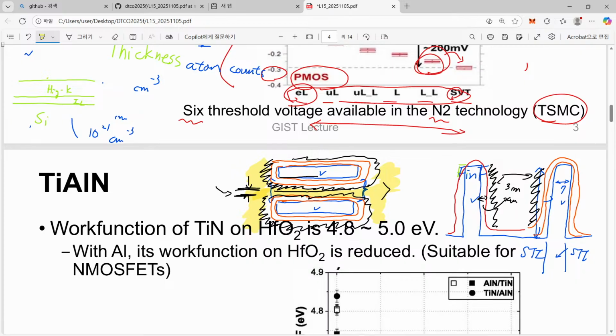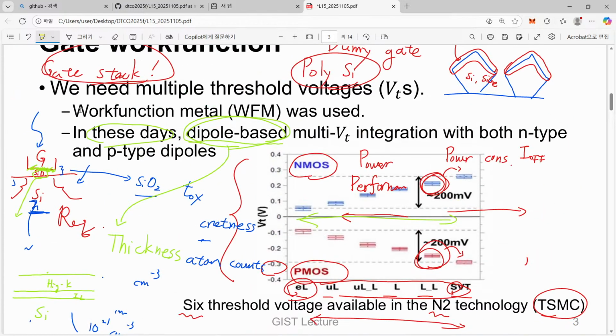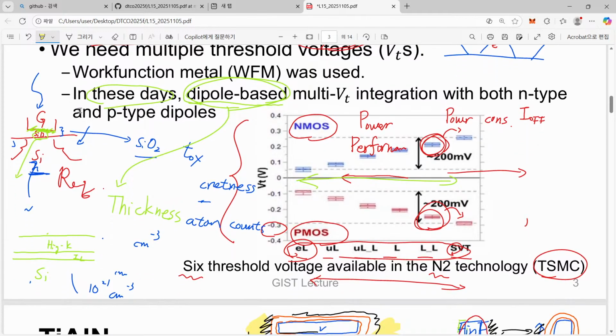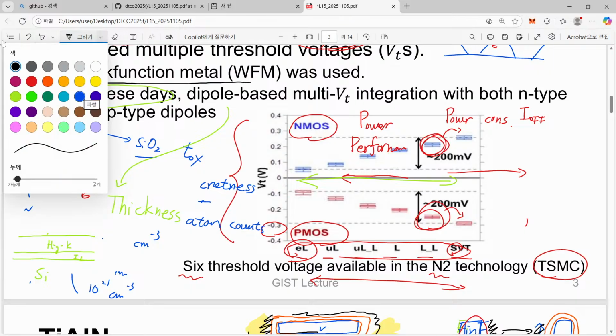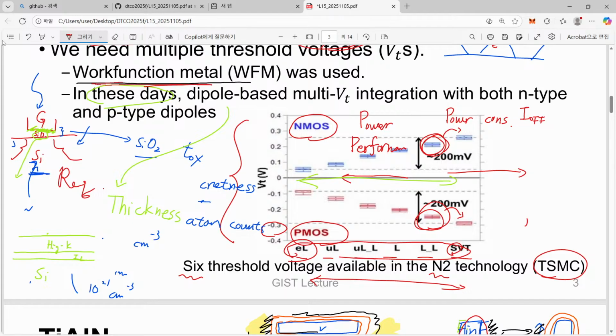So let's come back to our original slide shown here. Simply speaking, when we talk about FinFET generations, usually the choice was introducing the so-called work function metal. The purpose of this work function metal was quite clear, just to control the threshold voltage of our devices. So it is additionally added.